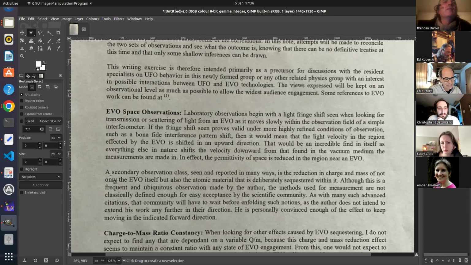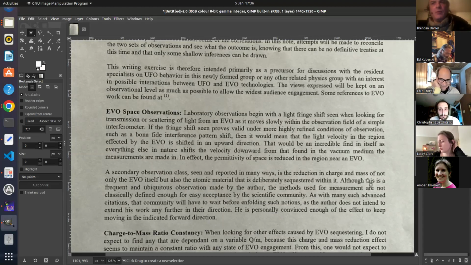A secondary observation class seen and reported in many ways is the reduction in charge and mass of not only the EVO itself, but also the atomic material that is deliberately sequestered within it.